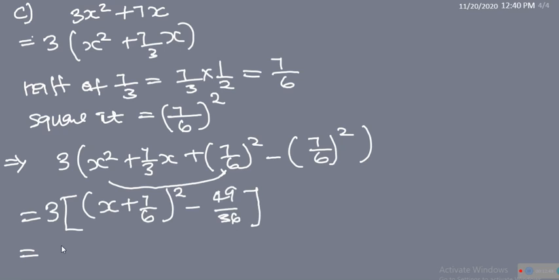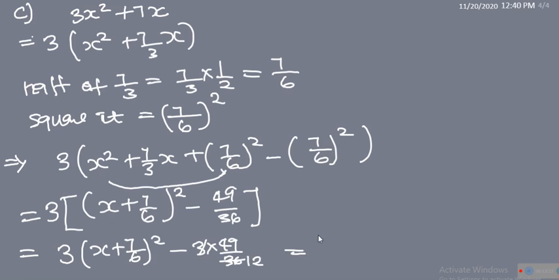So if we open the bracket with 3, we have 3 into x plus 7 over 6 squared minus 3 times 49 over 36. So 3 here 1, 3 here 12.